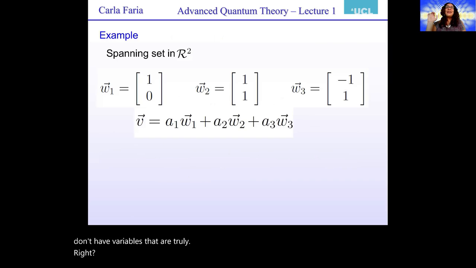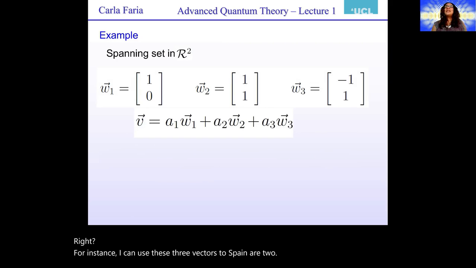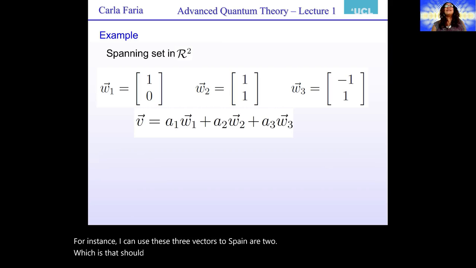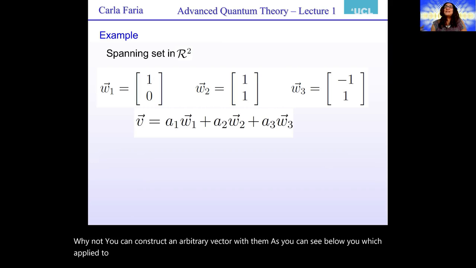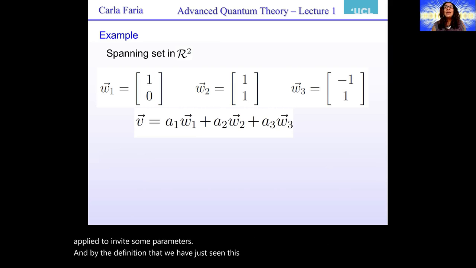So, for instance, I can use these 3 vectors to span R2, which is a 2-dimensional space, right? Why not? You can construct an arbitrary vector with them. As you can see below, you multiply them by some parameters, and by the definition that we have just seen, this is a spanning set.